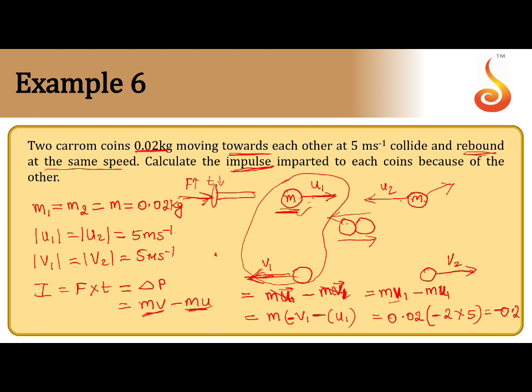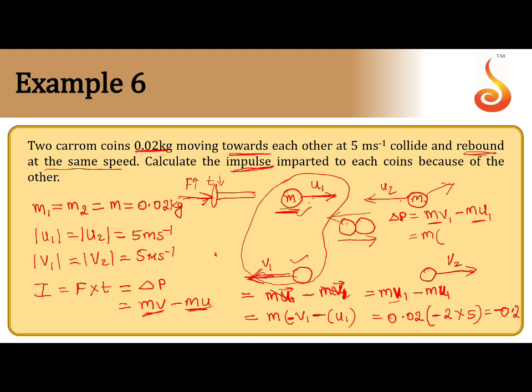For the first coin, if I find the change in momentum, the impulse will be given by the change in momentum, delta P, that is m into v1 minus m into u1. This is the initial momentum before collision. This is the final momentum after collision. Mass is common.